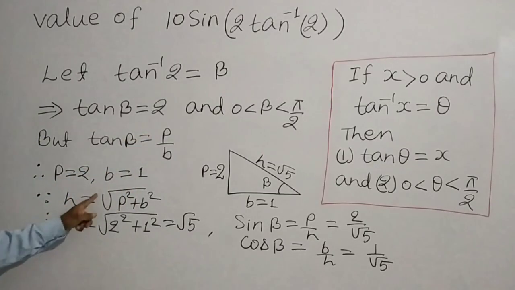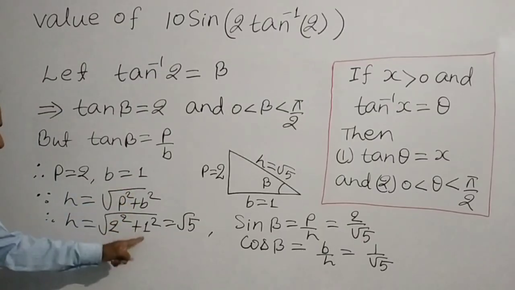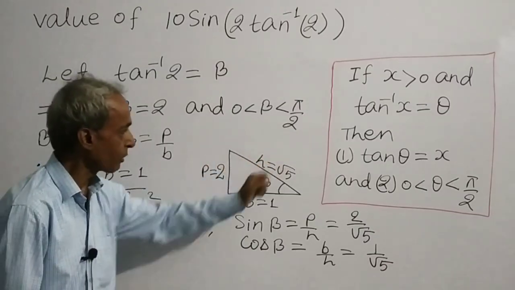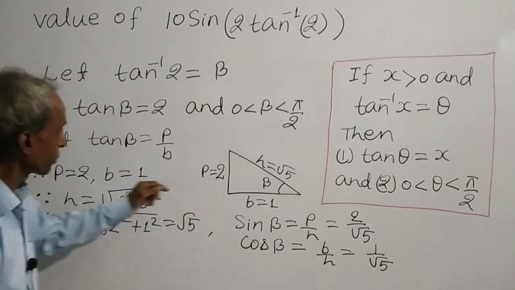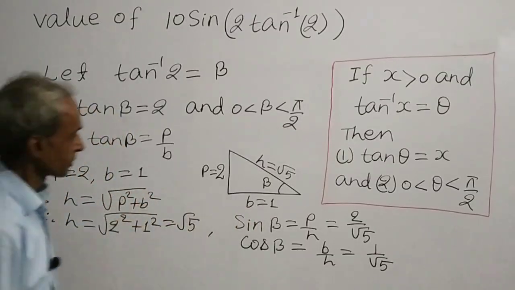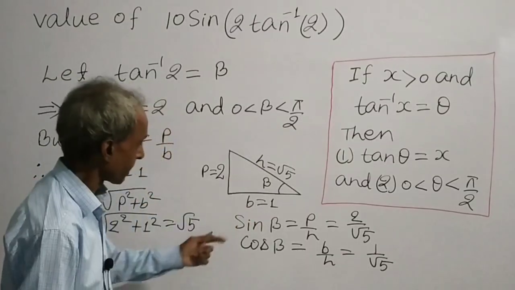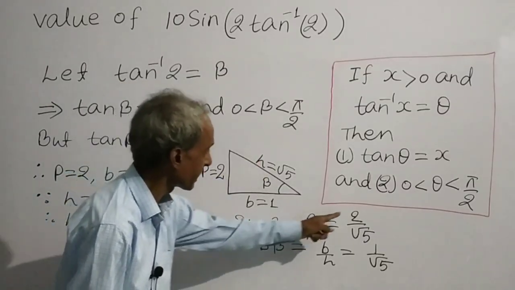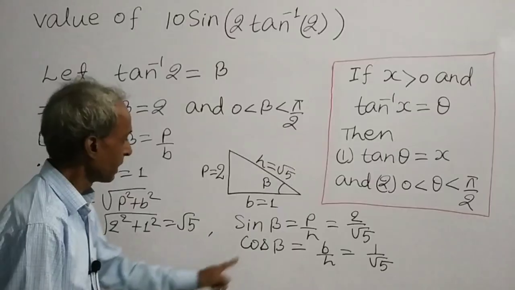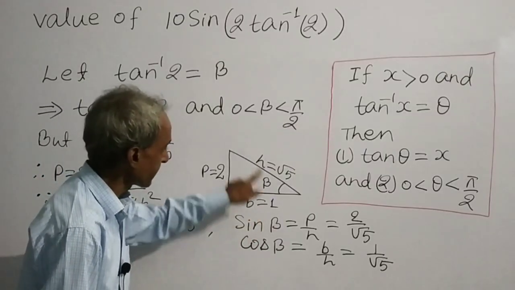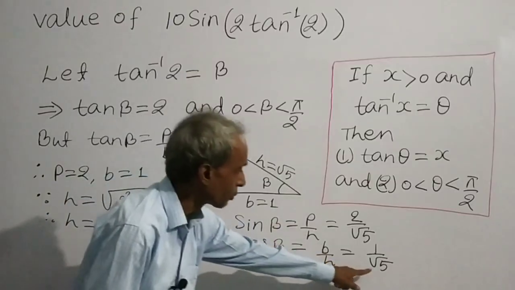But h is equal to root under p square plus b square, 2 square plus 1 square, that is equal to root 5. So h is root 5, p is 2, and b is 1. Now in this triangle, sin beta is equal to p by h, that is 2 by root 5. Cos beta is equal to b by h, that means 1 by root 5.